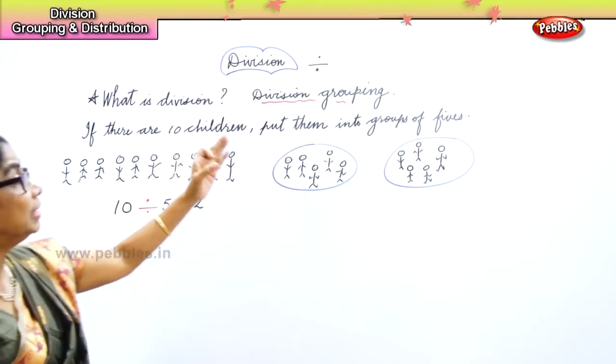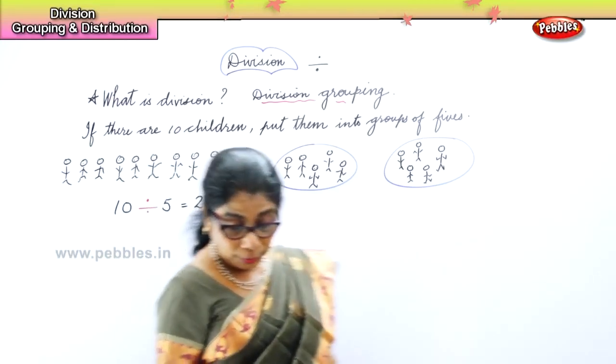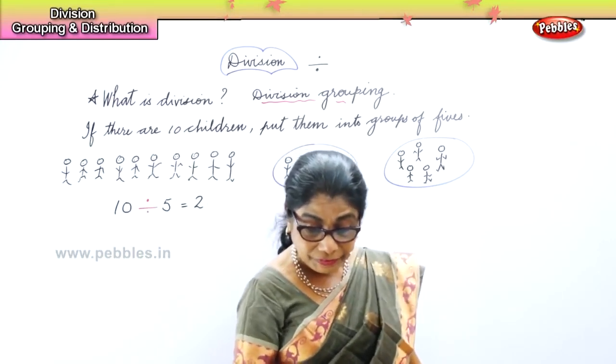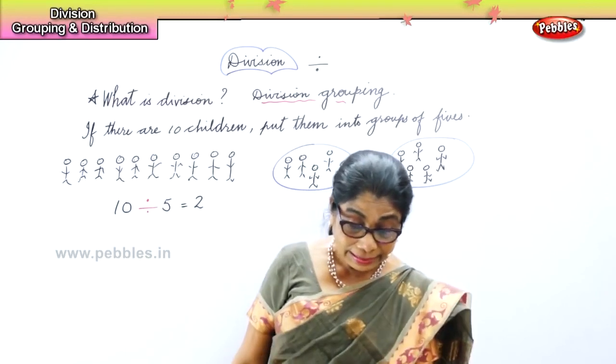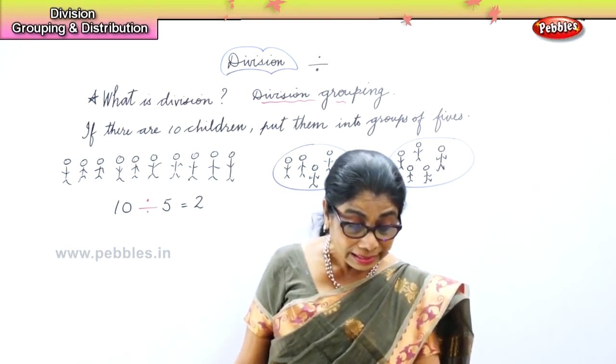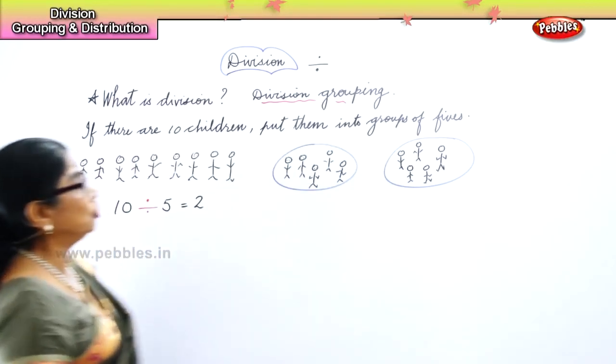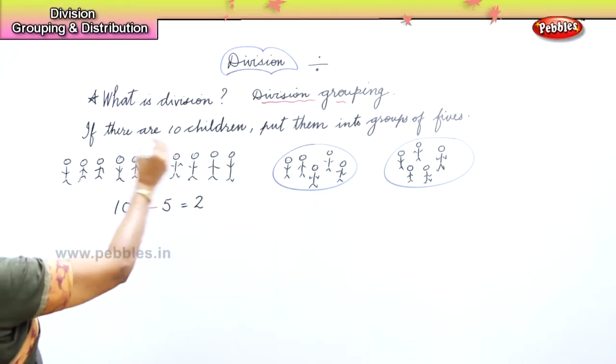So division is grouping. Next we are going to look at division is equal distribution. That's the first one.